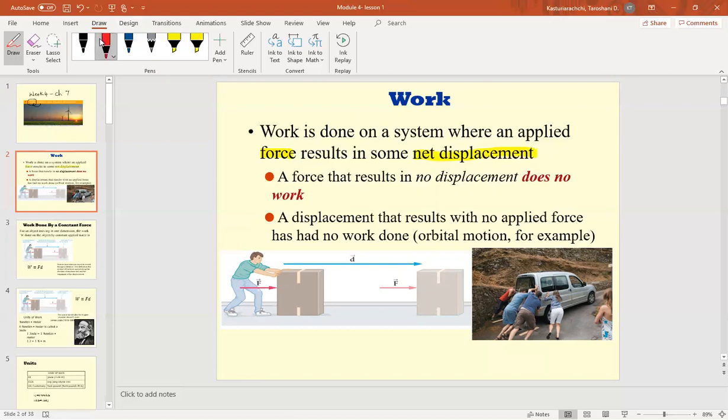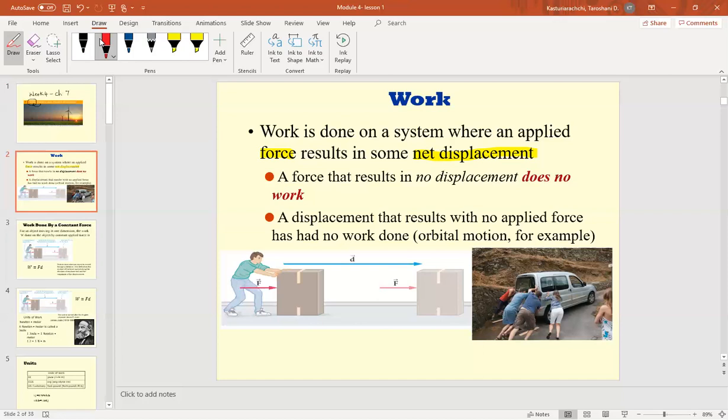In other words, your object should move. If it is not moving, even though you feel tired, according to this definition you are not doing any work. In other words, to do work you need to apply some force, and because of this force there should be some displacement.